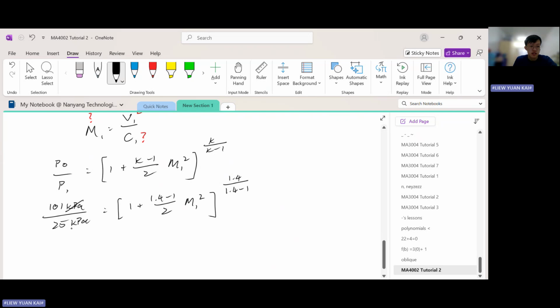So kPa can cancel. See, that's why you don't need to change it to Pascal, because the kPa will just cancel out. Okay, so how to find M1? Well, you can use algebra, but I can show you how to use a calculator instead. Actually, you can just use algebra. It's quite simple. But more difficult formulas will require your calculator. So let me just show you.